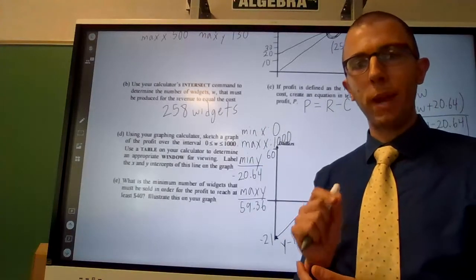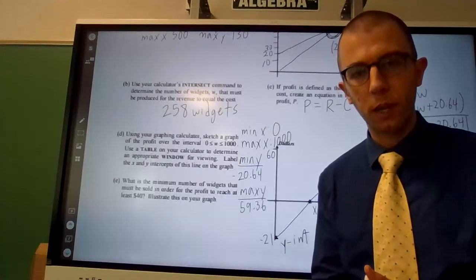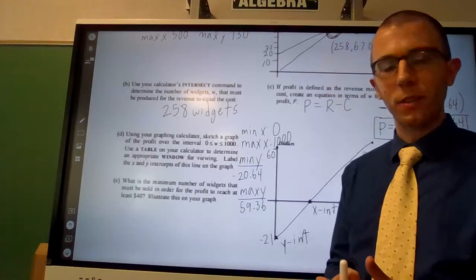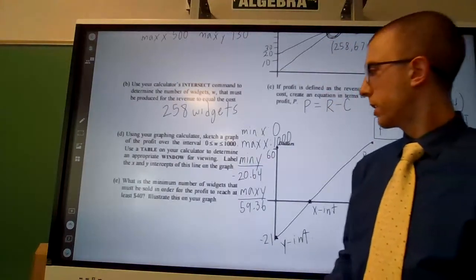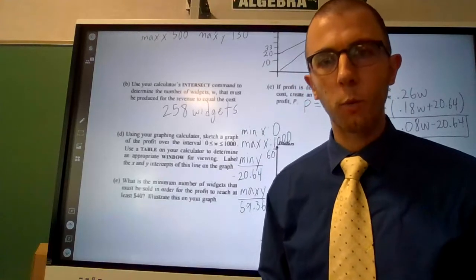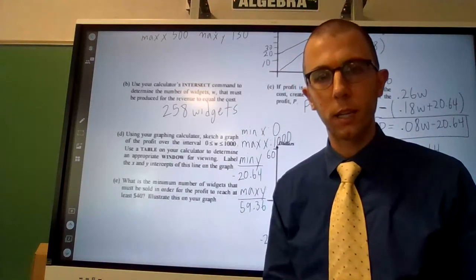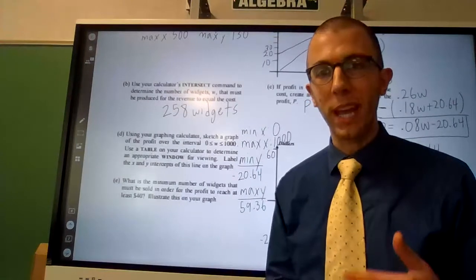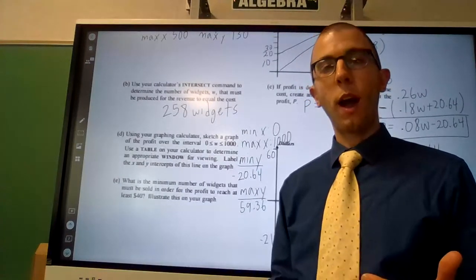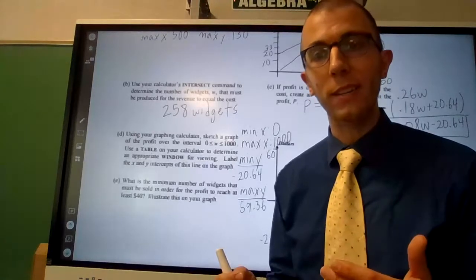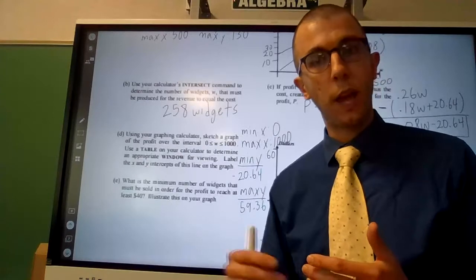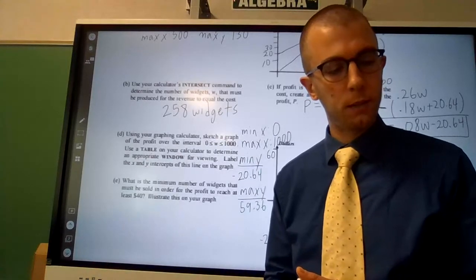So if we're talking about minimum and at least, we're going to use an inequality. And we want our profit to be at least $40. So that profit, $40, needs to be less than or equal to the actual profit that is made.